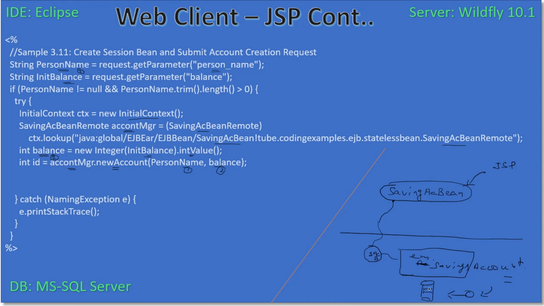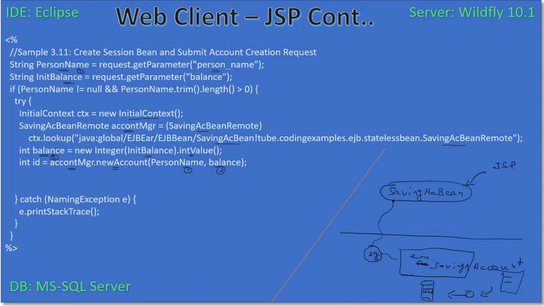So the database table will now have the new record. That's how the transformations are going on. The text field information goes to the remote server. There it is passed, and a new instance of the JPA entity is created, and these two pieces of information are populated. And through EntityManager, we ask it to persist the entity instance, which is populated by the parameters the user supplied through the HTML form.